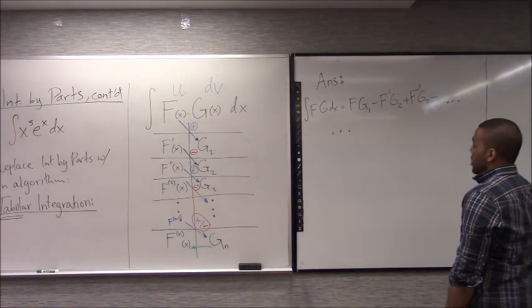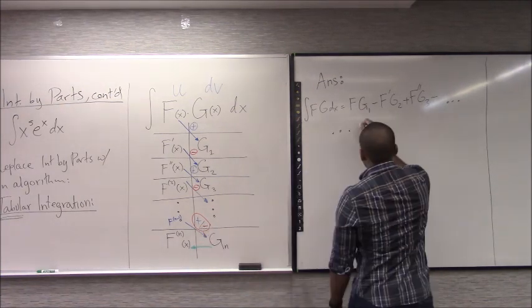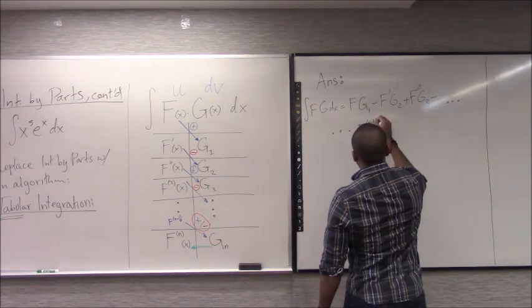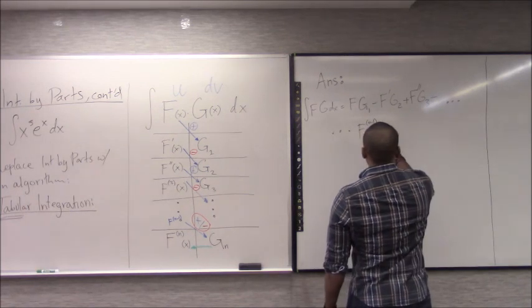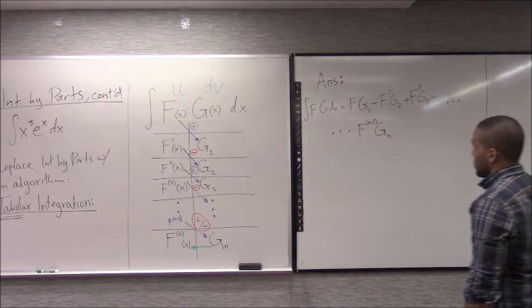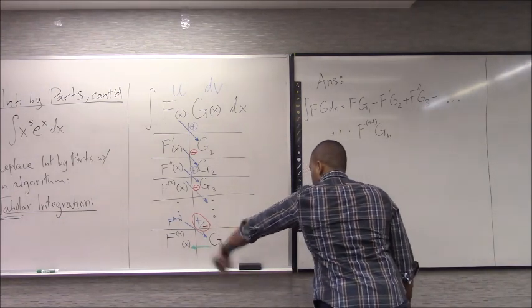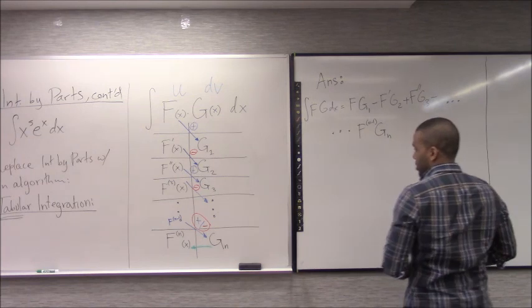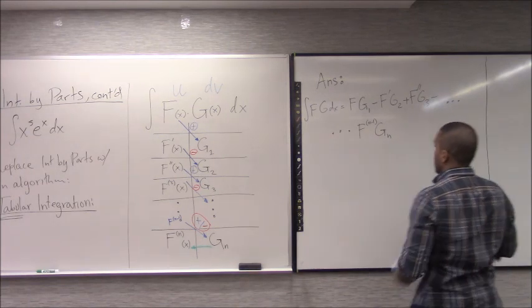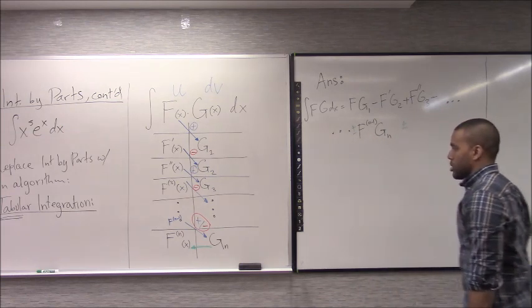Now, ultimately, you're going to end up with this times that. That's going to be your n minus first derivative times your nth integral. And then in the final step, going across here, it's going to be plus or minus based on what that was.